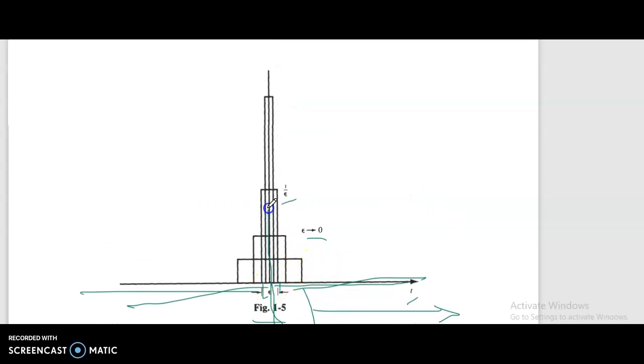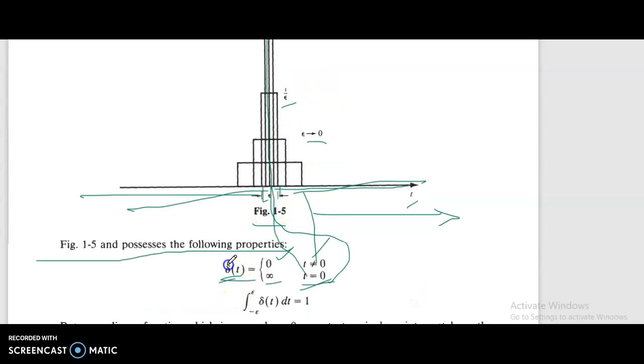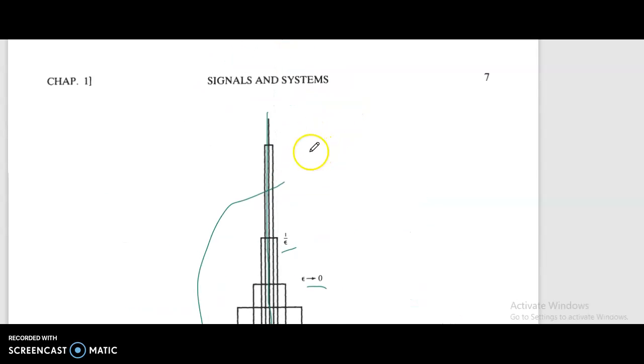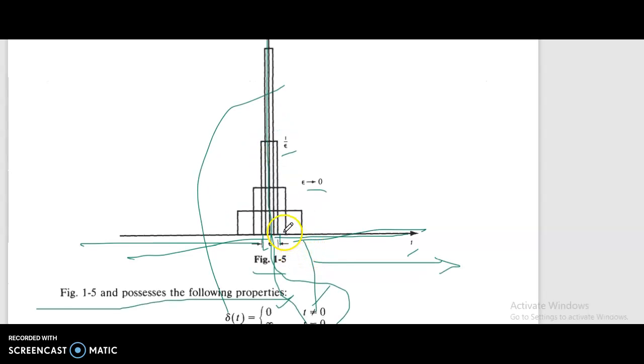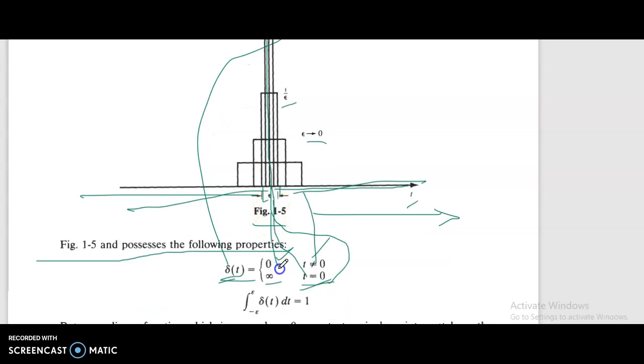This is the delta of t. It means when t equals 0, delta of t is infinity, and when t is not equal to 0, left or right, delta of t is 0.